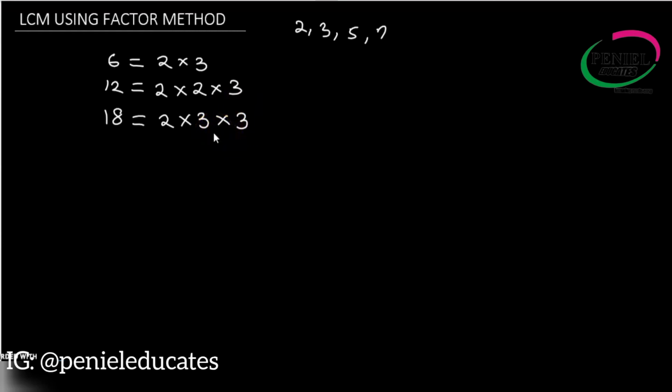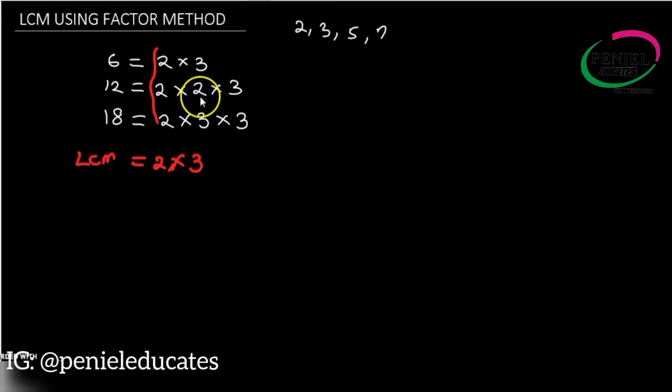Now, how do we find the lowest common multiple? To find the LCM, we have 2 here that is common, so you pick the 2. We have 3 that is common to all of them, so we pick the 3 and multiply.